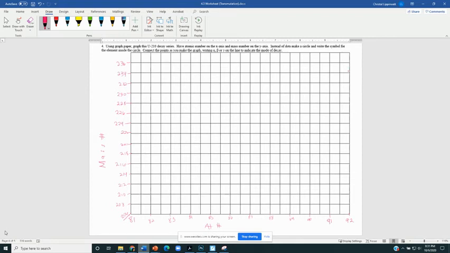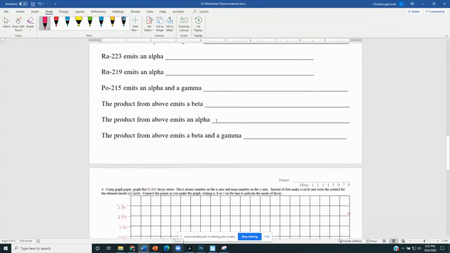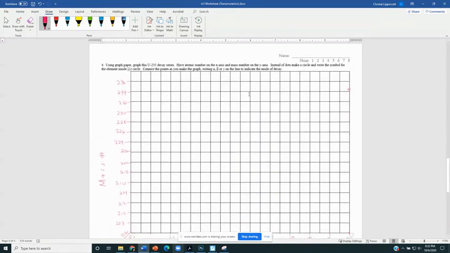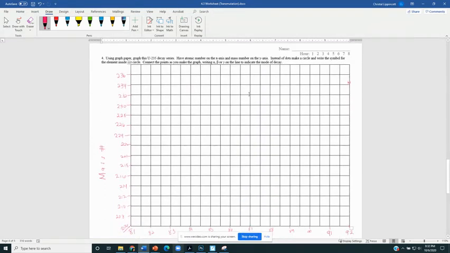And then I'm going to label that dot uranium. And then the next thing we created was thorium. So thorium is 231, 90. So we're going to find number 90 on here, and we're going to find 231, and we will put another dot there, and we will call that thorium.